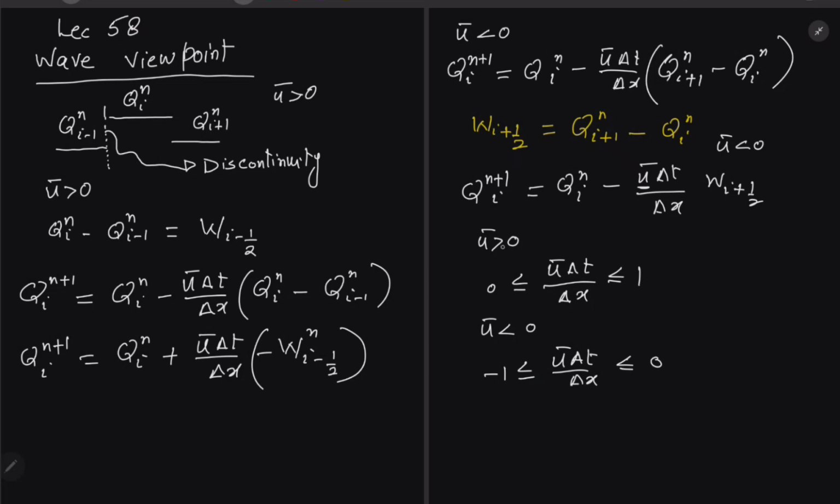This makes things a bit messy. So we convert this into one single formula, so that W is important for the wave point of view, and you write all your formulas in the form of W.